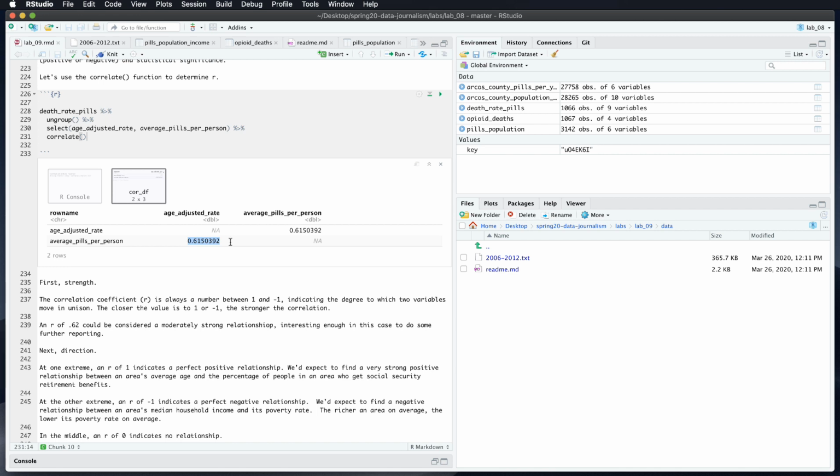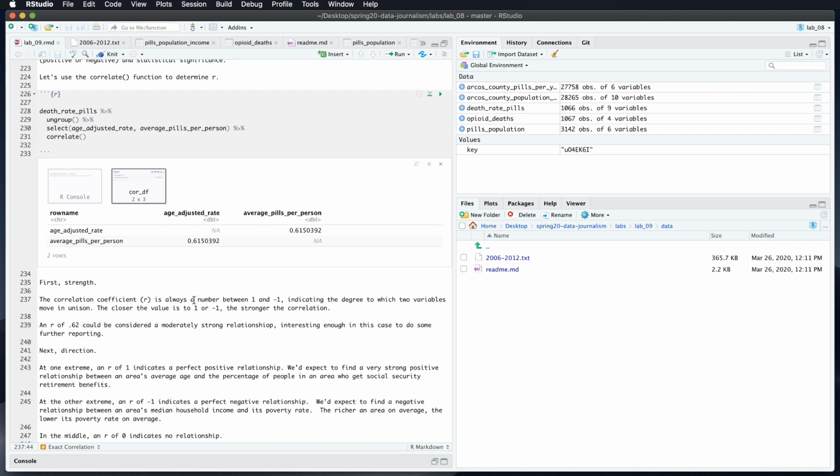And again, this number is our way of interpreting the degree to which 2 variables move in unison or along a similar pattern. Just because they move along a similar pattern doesn't necessarily mean it's worth reporting out, but if you see a result like this, it would be worth doing some additional reporting to see whether there's a story here.